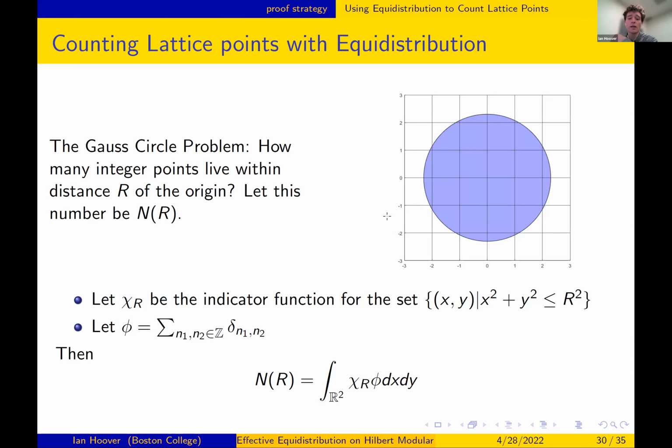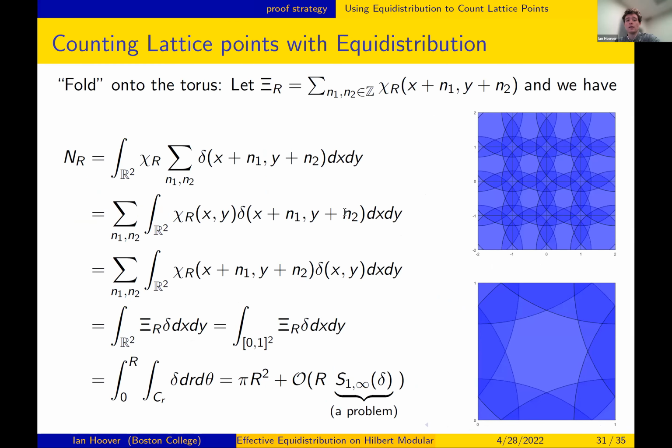So if we want to count lattice points inside of a set, one way you could do it is put a delta function at every lattice point, and then integrate over the indicator function of your set. That'll give you how many lattice points are inside the set. Now the idea is, instead of looking at it that way, to periodize your set. Instead of expanding one circle and counting how many points lie inside that circle, you could expand a circle around every lattice point and then count how many overlap at a single one.